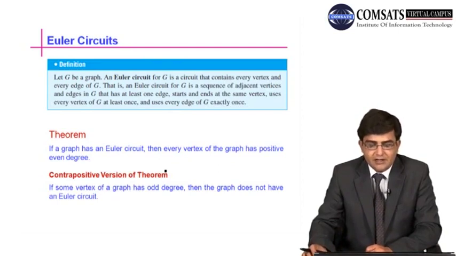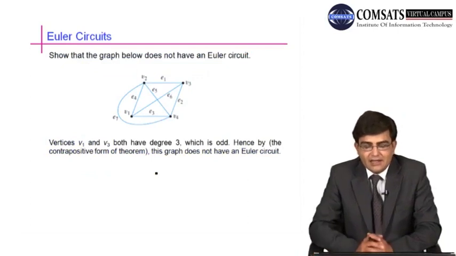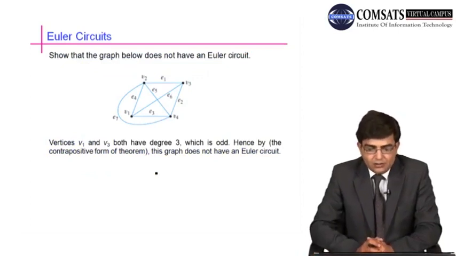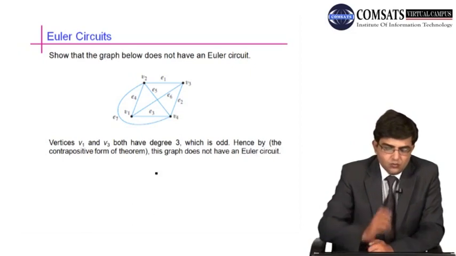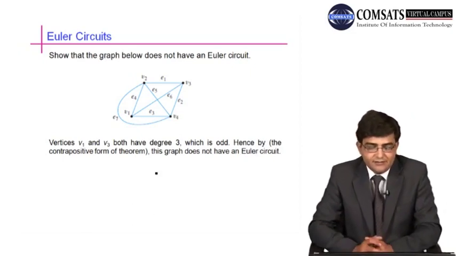First of all, we have to check whether every vertex of the given graph has even degree or not. So we check by starting with the first vertex. This graph has 4 vertices, v1, v2, v3, v4. There is no other vertex in this graph.